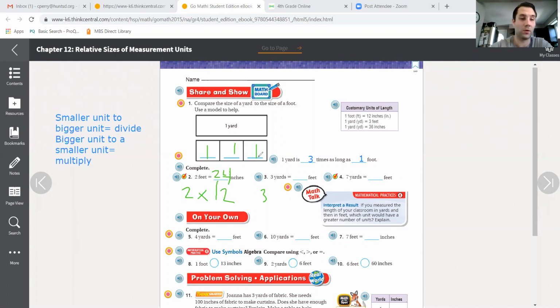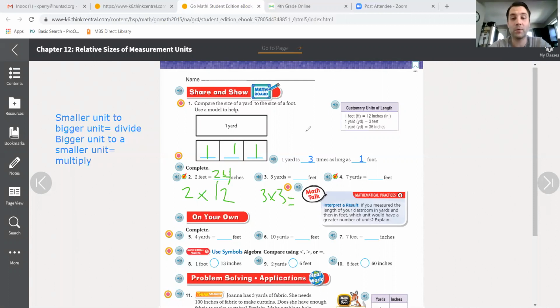Looking over here at my cheat sheet, we're going from a bigger unit to a smaller unit, so we're going to multiply again. So 3 times a number. Let's go up here. Ask ourselves how many feet equal 1 yard. So we got 3 feet equals 1 yard. So I'm going to multiply 3 by 3.